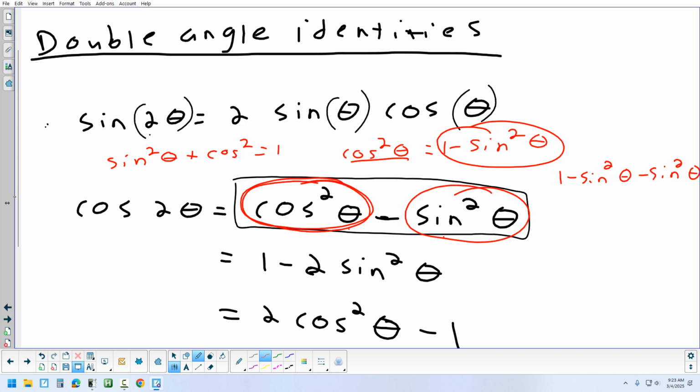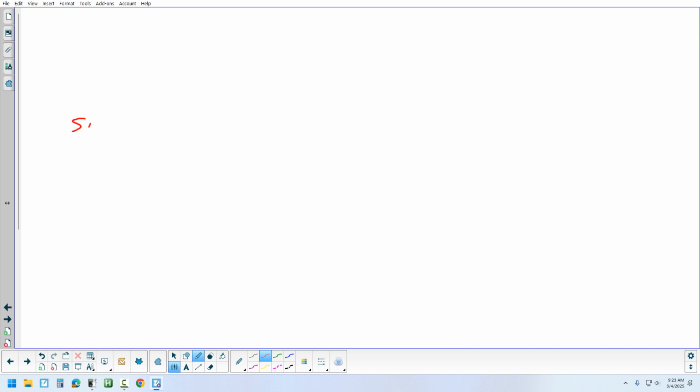So let's figure out the sine of 60, pretending we only know how to do 30. How can you rewrite 60 in a way that it uses a 2 inside the argument? You just do 2 times 30.